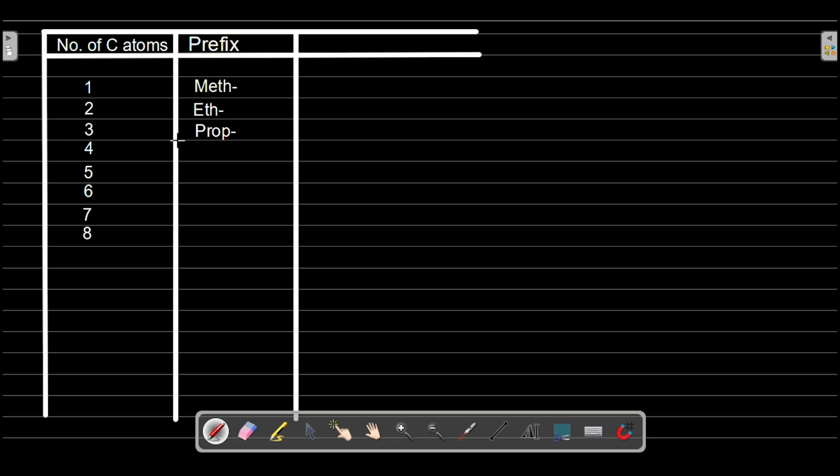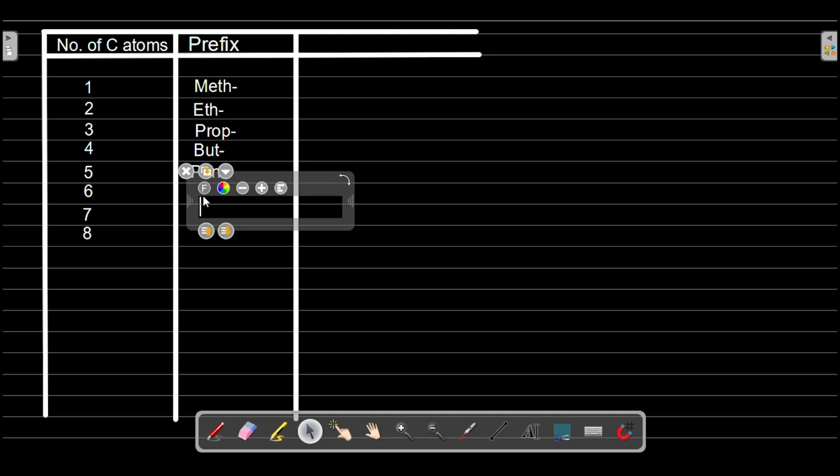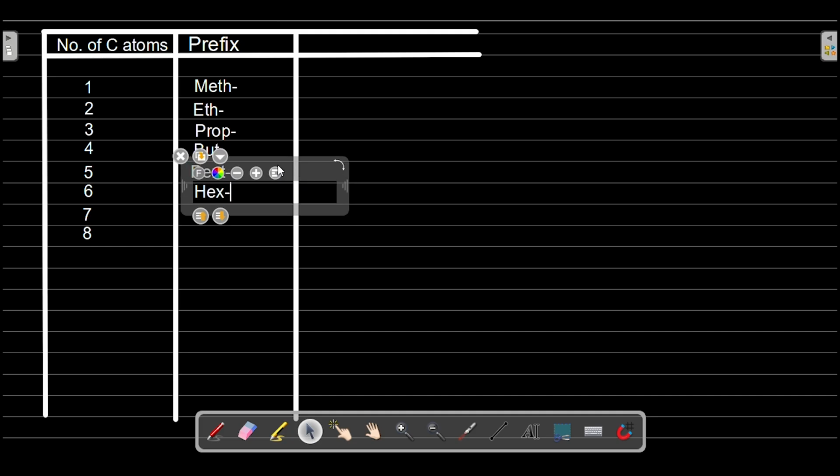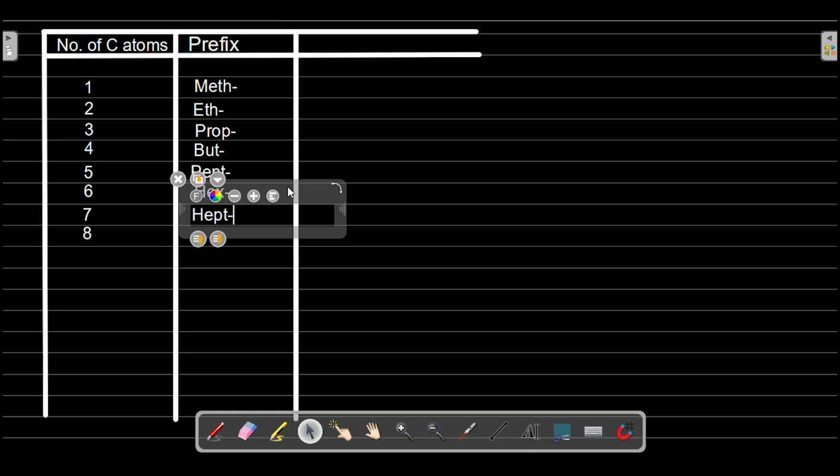So I'm sure you're getting the idea. For 4, we have but. For 5, we have pent. For 6, we have hex. For 7, we have hept.